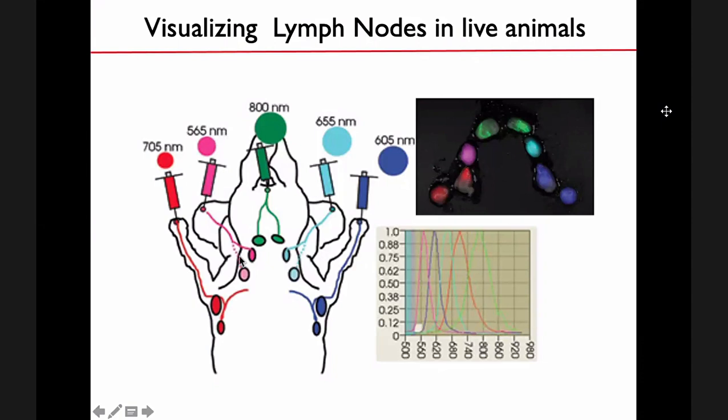If you use another dye, for example, and inject this in the ear, then these other two lymph nodes will light up. And if you inject under the neck region, then you light up these ones.